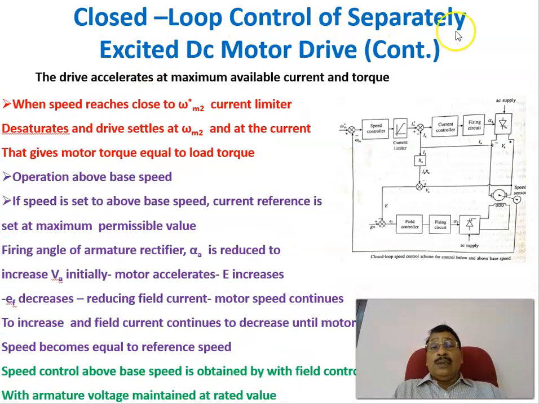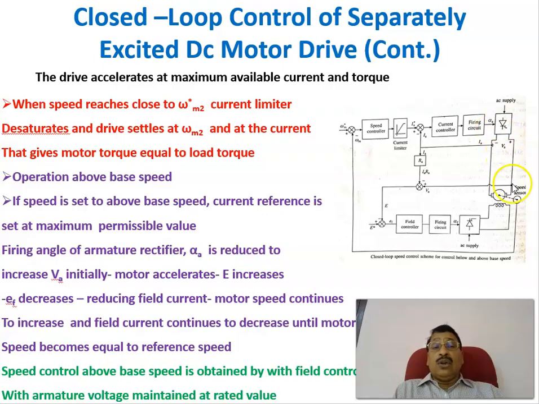Continuing the closed loop control of the separately excited DC motor, the drive accelerates at maximum available current and torque until the speed reaches omega m2 star. That is, we changed the reference from omega m1 star to omega m2 star. The current limiter then desaturates and the drive settles at omega m2, with a current that gives motor torque equal to the load torque.